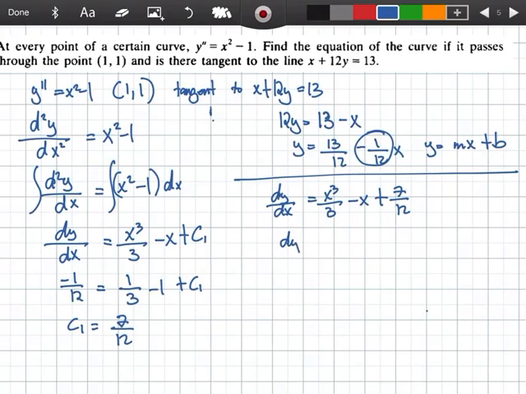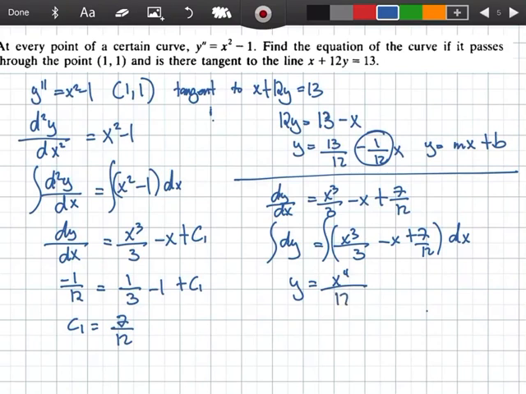Okay, to get the equation of the curve, we integrate both sides of dy/dx equals x cubed over 3 minus x plus 7 over 12. The integral of dy is y, and this becomes x raised to 4 over 3 times 4, that is 12, minus x squared over 2 plus 7 over 12 x plus c.